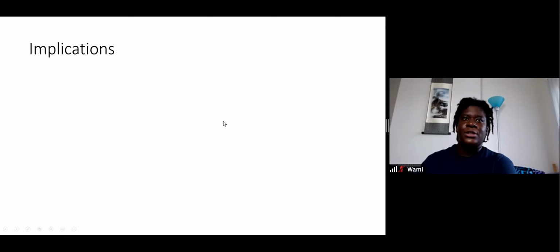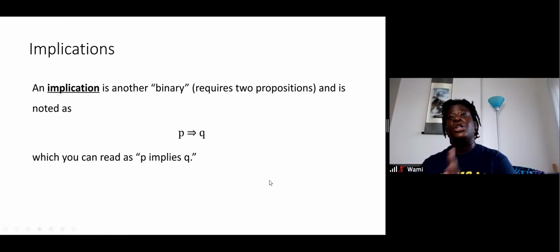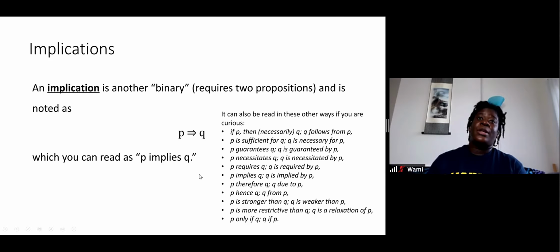So implications. This is another logical operator that we need to talk about. An implication is another binary operator, meaning that it requires two propositions, and it's noted in this manner, where you can read this as P implies Q. You can also read or interpret it in any of these following ways if you're curious, but we're just going to stick with the whole P implies Q, just to keep things simple.